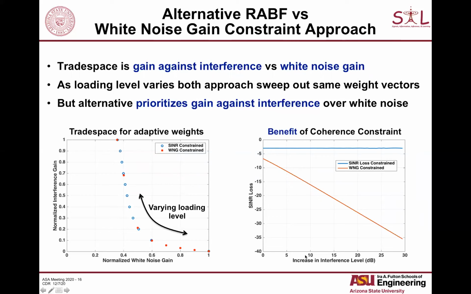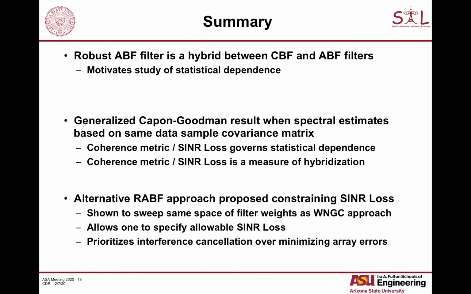So as I increase the interference level, my beamformer doesn't suffer any loss relative to an optimal beamformer, whereas with a white noise gain constraint, because I'm prioritizing gain against array errors, I suffer in terms of SINR loss. Ultimately, what you want to do is prioritize whichever one is the dominant interference. And so that's what we've done here.